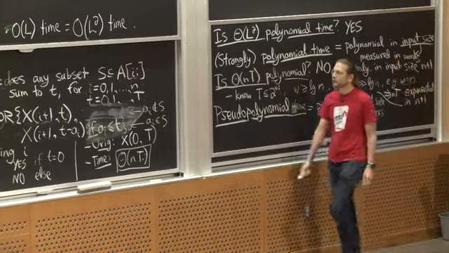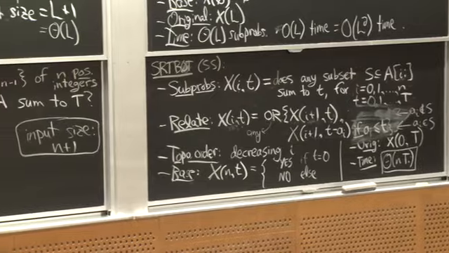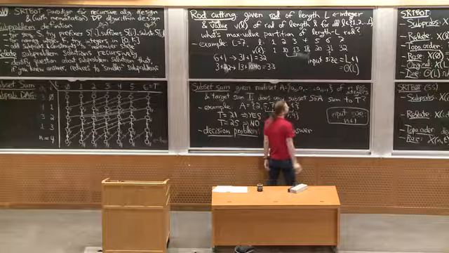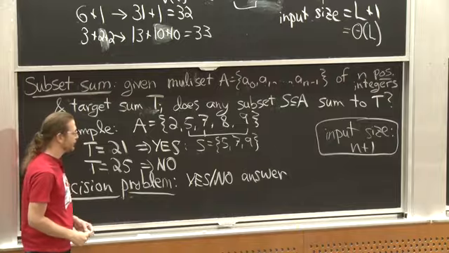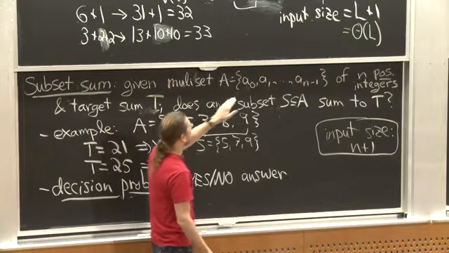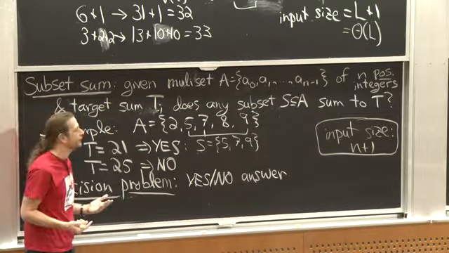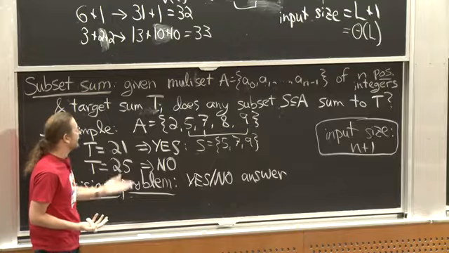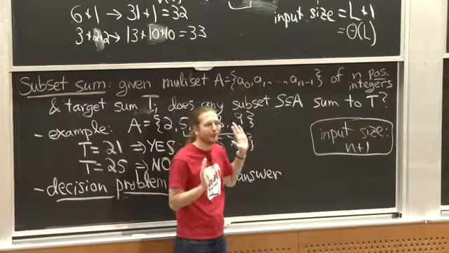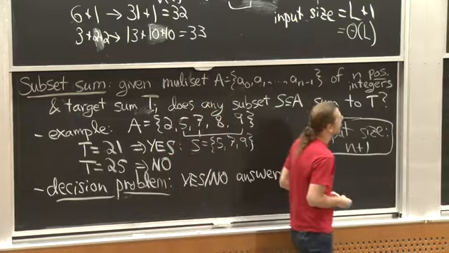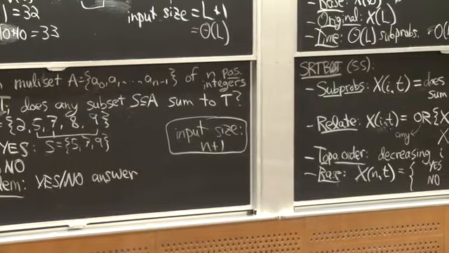In this problem, the input integers are capital T and a0, a1, up to an minus 1. So what we want now is a polynomial, or what some people call a multinomial, where our variables are all of these integers. And we want to be polynomial in them. So we're allowed to take some constant power of capital T and some constant number of the a_i's. We can't just take the product of all of them. That would be big. So it's a constant degree polynomial.